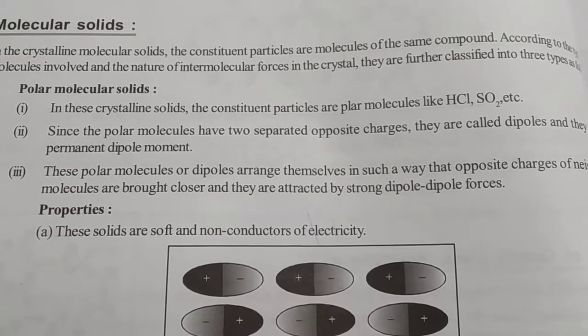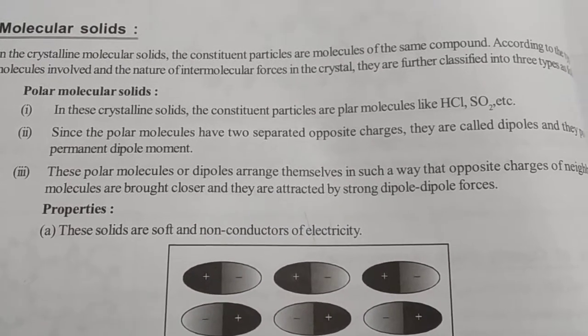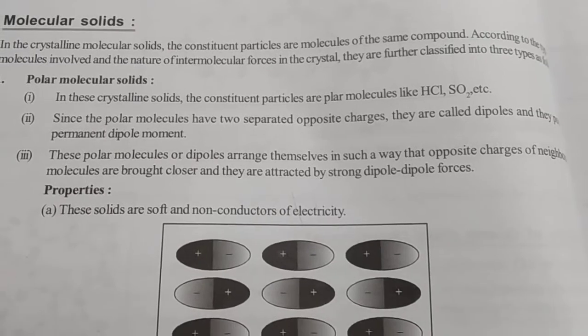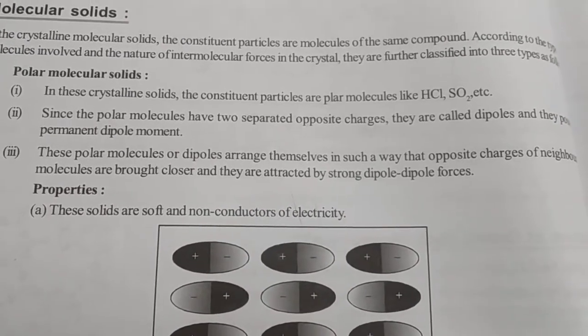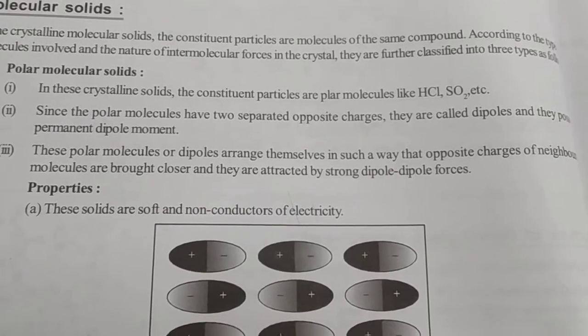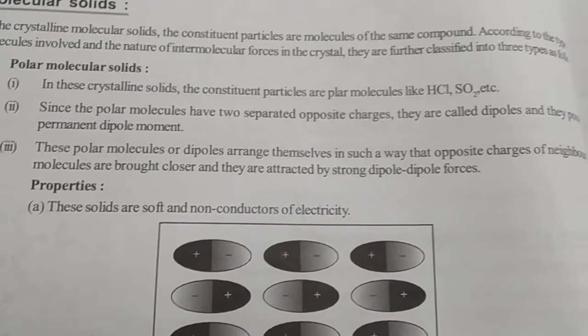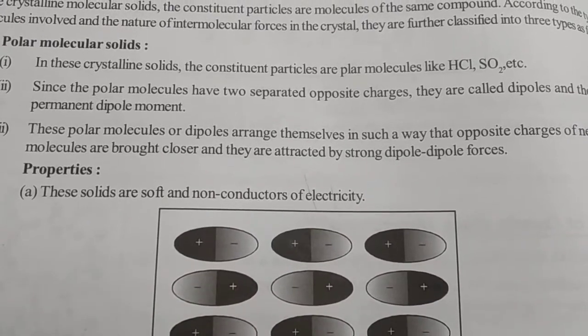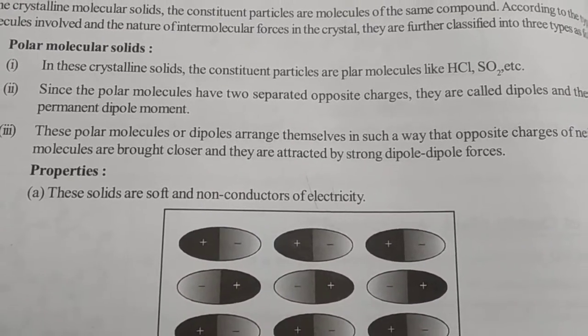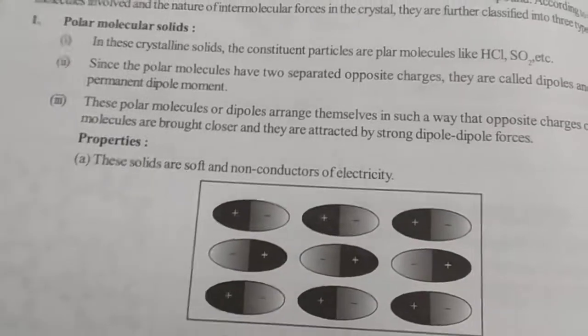Similar is SO2. Since the polar molecules have two separated opposite charges, they are called dipoles and they possess permanent dipole moment. Electronegativity difference is more, so they possess permanent dipole moment.